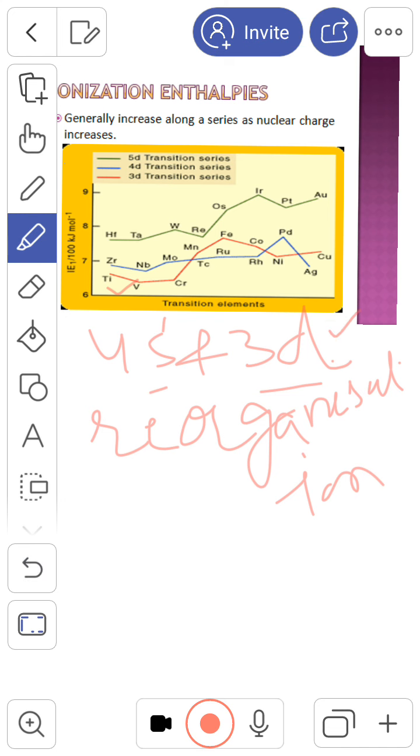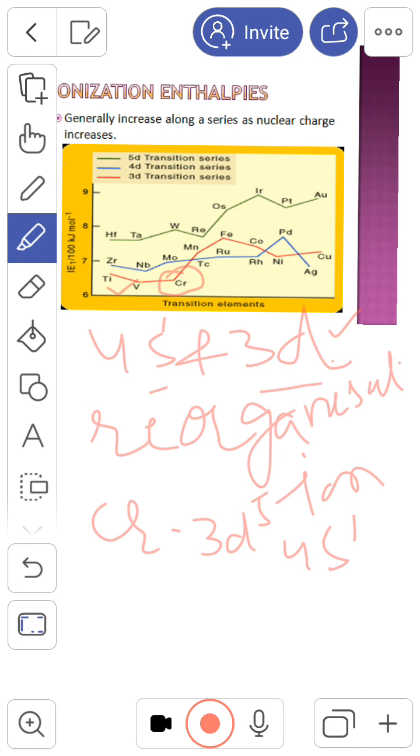For example, chromium has a lower first ionization enthalpy, because its electronic configuration is 3d5 4s1.